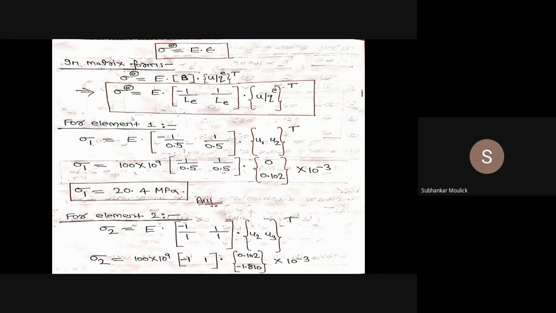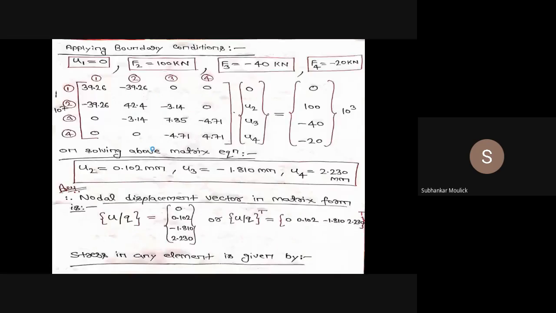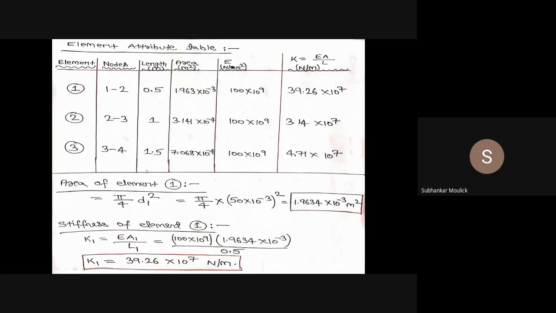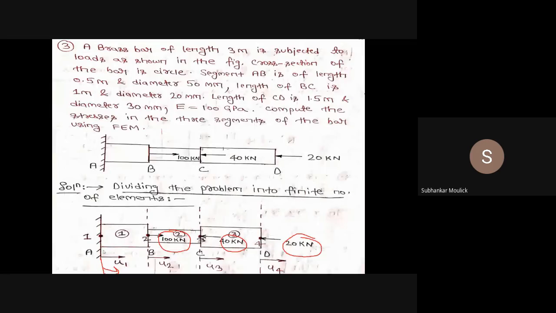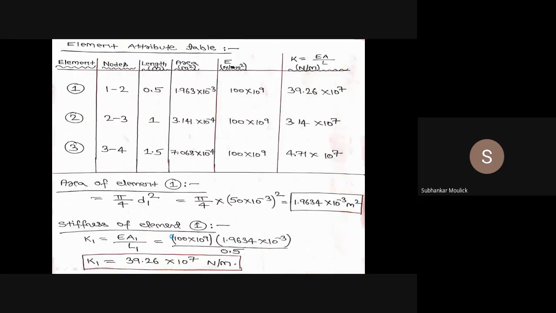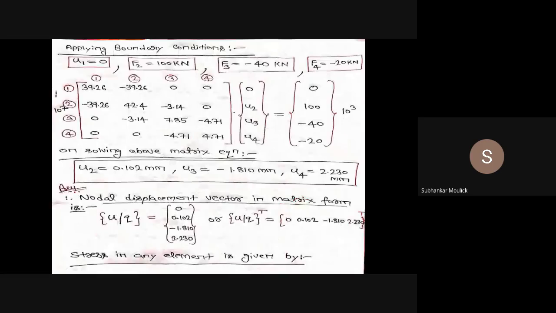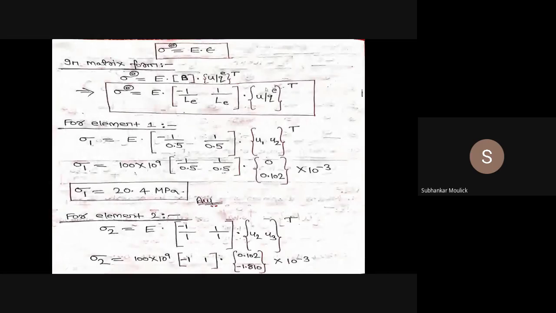Since I am talking about element number 1, you can see that element number 1 consists of node 1 and node 2. So this nodal displacement vector will consist of only node 1 and node 2.